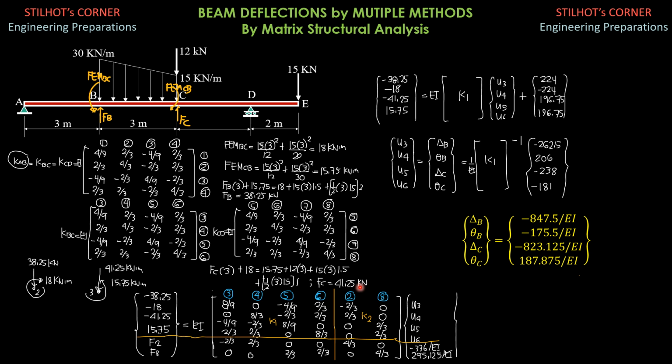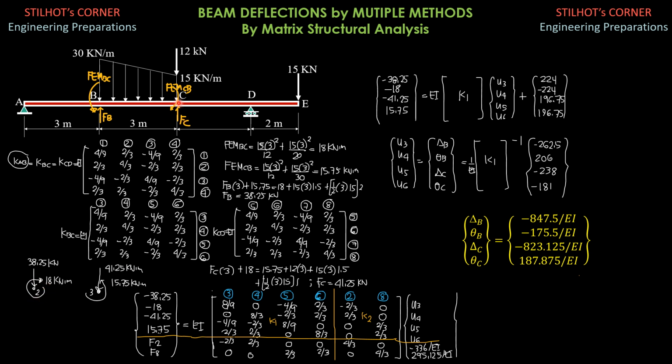Therefore, the nodal load at B would be the opposite of these fixed forces. So we have a downward load of FB, which is 38.25, and a moment couple opposite to this counterclockwise, so clockwise, 18 kilonewton meter.